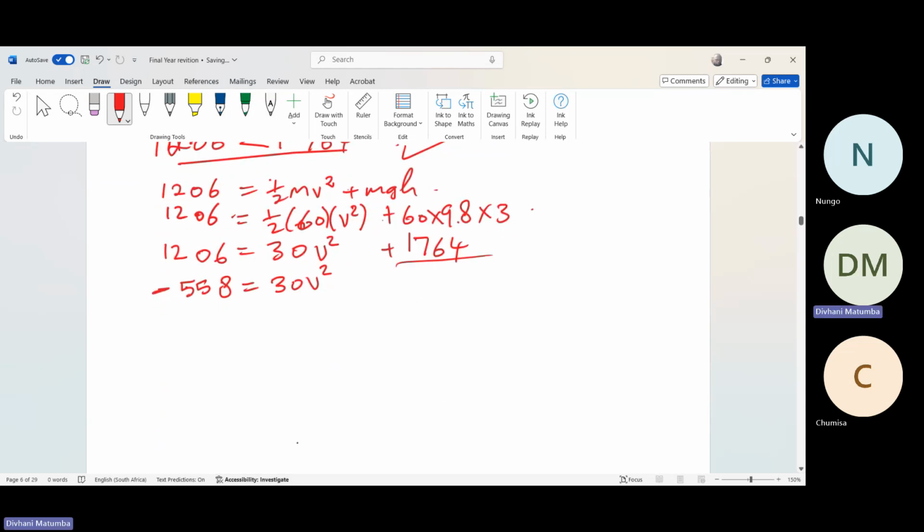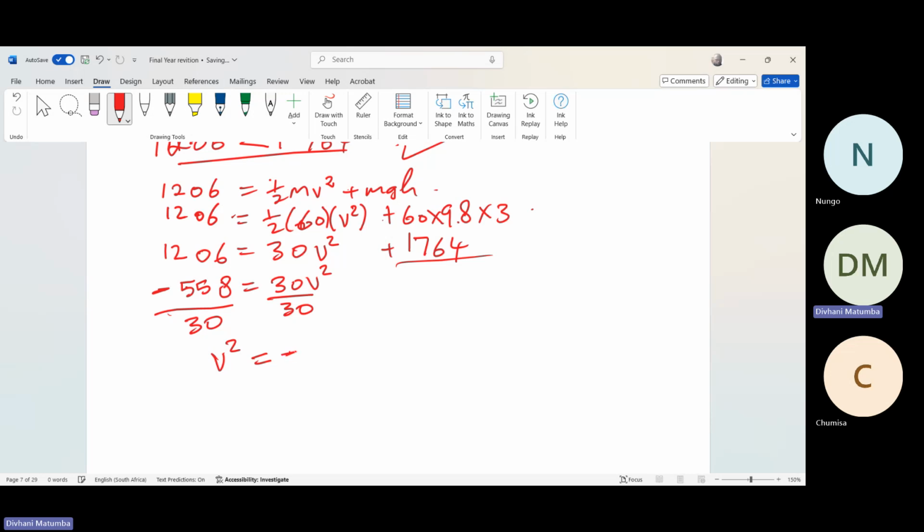Okay, so if I divide both sides by 30, I will have V squared is equal to 558 divided by 30. I'm getting 18.6.